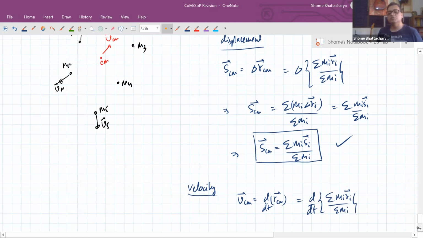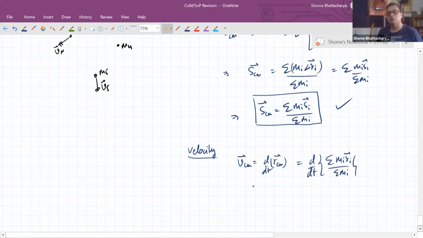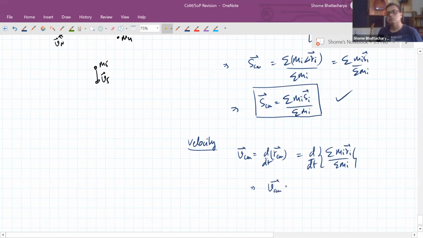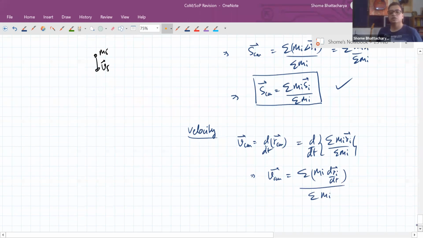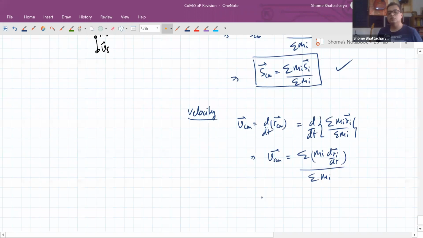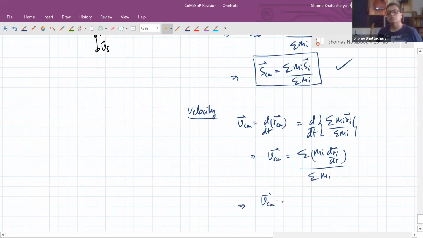So by very similar method, the rate of change will now apply directly to the position vector of each particle inside the summation divided by the total mass. So we have a symmetrical formula for the velocity of center of mass. Becomes summation m v divided by summation m.